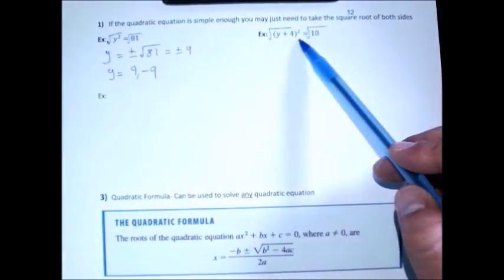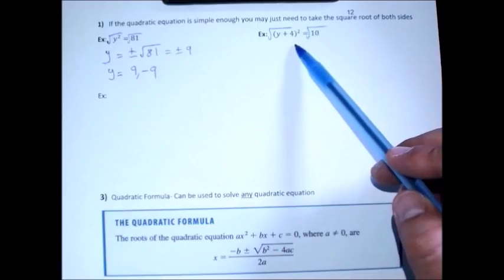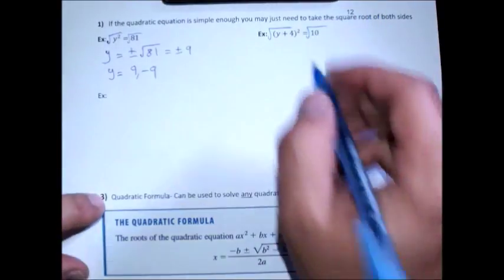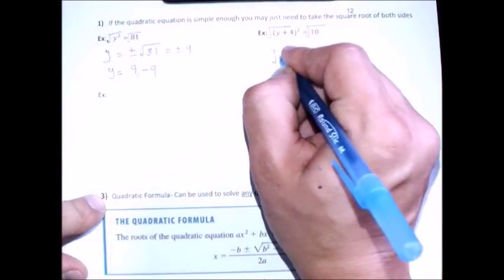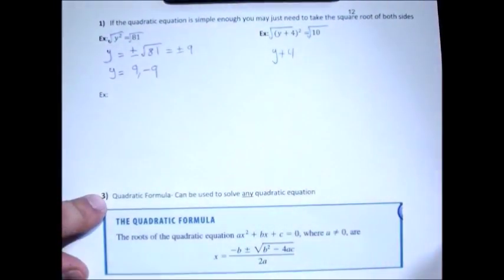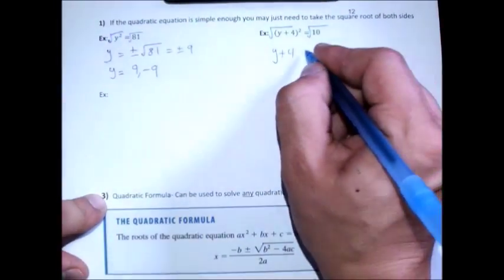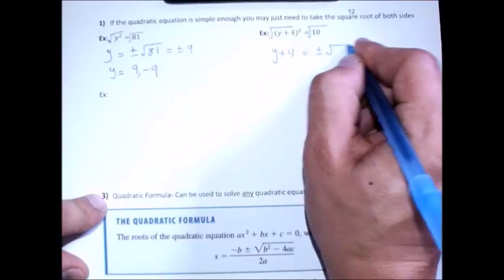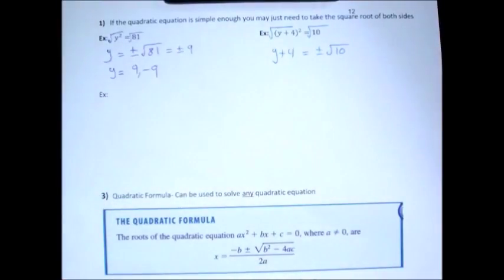But because the whole thing is being squared, we can take a square root, and it drops that squared, right? And we'll end up with y plus 4 on the left. And then we get plus or minus square root of 10 on the right. And you know, 10 is not a perfect square, so we're just going to leave it as square root of 10.